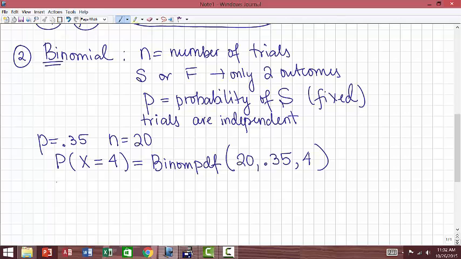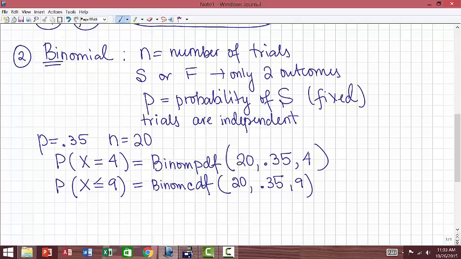Now let's say I ask: what is the probability that at most I'm going to get 9 successes? At most means 9 or less. In this case, I would use binomial CDF, and the syntax is exactly the same: 20, 0.35, up to 9.